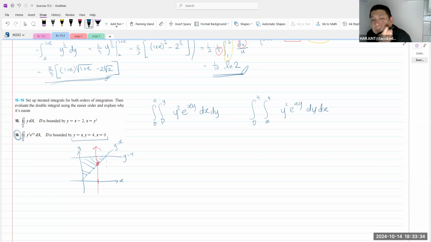Let's try the first one. I will do the first one because, to integrate this e, I cannot avoid doing a substitution anyway. If you can do the substitution faster, it'll be a lot nicer. So u equals xy, du equals y dx.